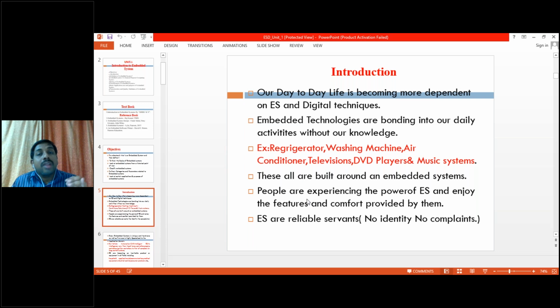These are the features of that specific smartphone. So a smartphone tells every individual that there is an embedded technology consisting of a processor, a camera, and a memory. So that is giving the comfort.